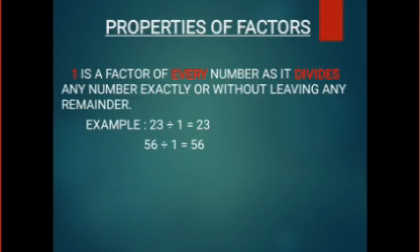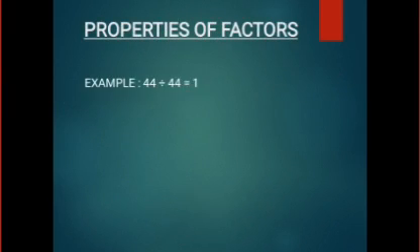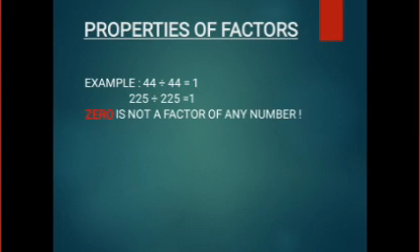Now, let's see another property of factors. 44 divided by 44 gives 1, right? Similarly, on dividing 225 by 225 I get 1. So, 0 is not a factor of any number.